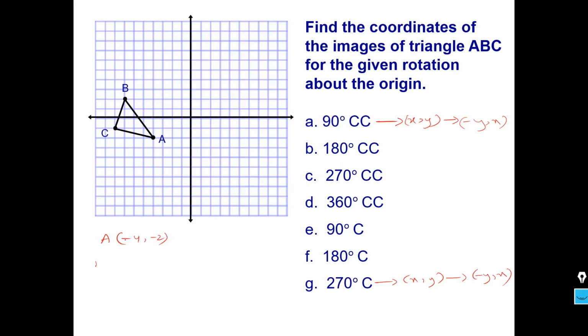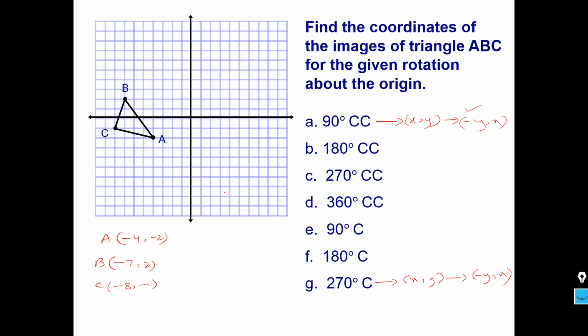B is 1, 2, 3, 4, 5, 6, 7: -7 and 2. And C is -8 and -1.